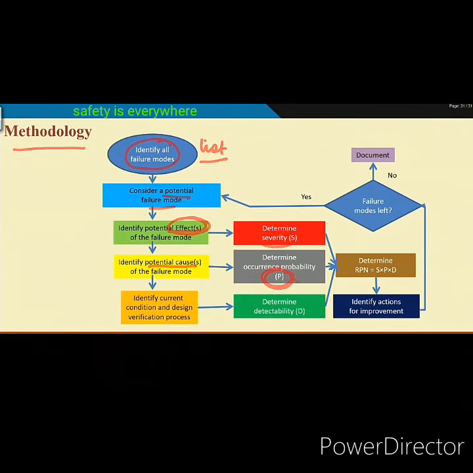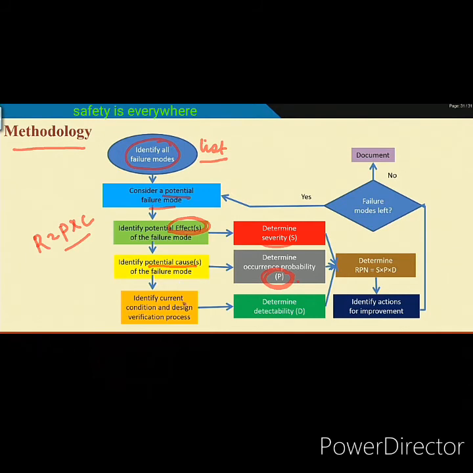But in addition, another important one which is not considered in traditional risk analysis, when we say risk equals P cross C, probability and consequence, means probability and severity. The other important one is the detectability. A component failure happens, but is your system able to identify that that failure mode has happened?